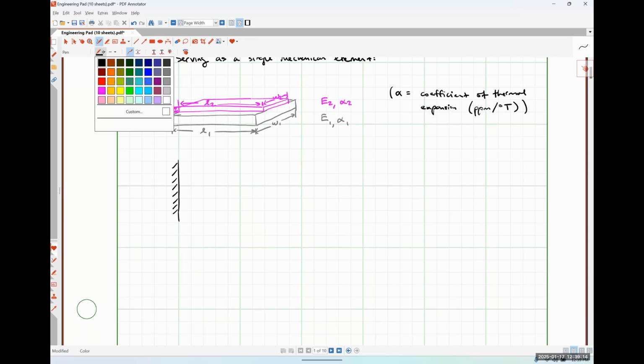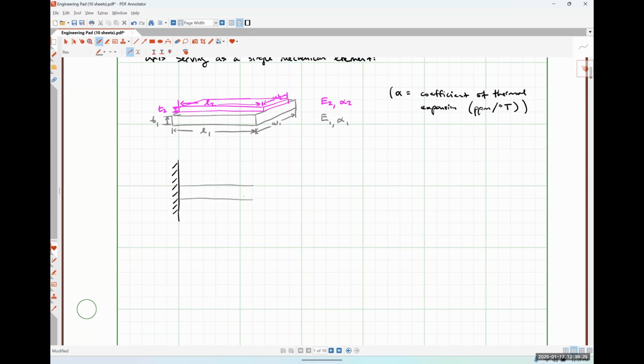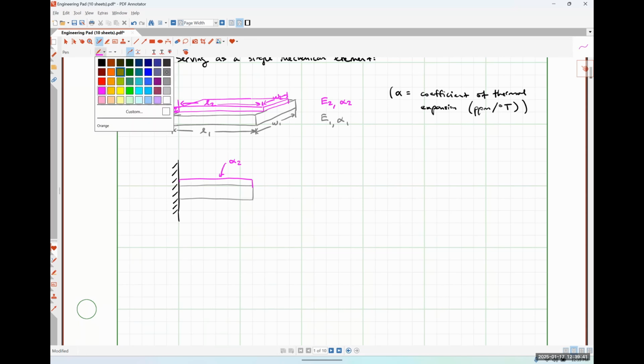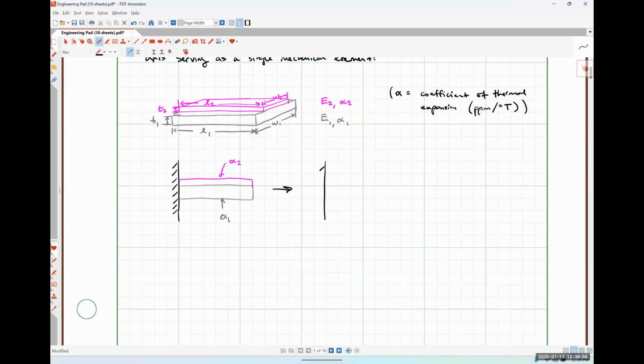So if I'm looking at a side view and I've got my material 1 as, say, a cantilever beam, and I've got my material 2 as a cantilever beam like so, where this one has coefficient of thermal expansion alpha 2, and this one has coefficient of thermal expansion alpha 1, then under some sort of temperature change, we would see some sort of bending like this, potentially, where this will be a rather exaggerated thing.